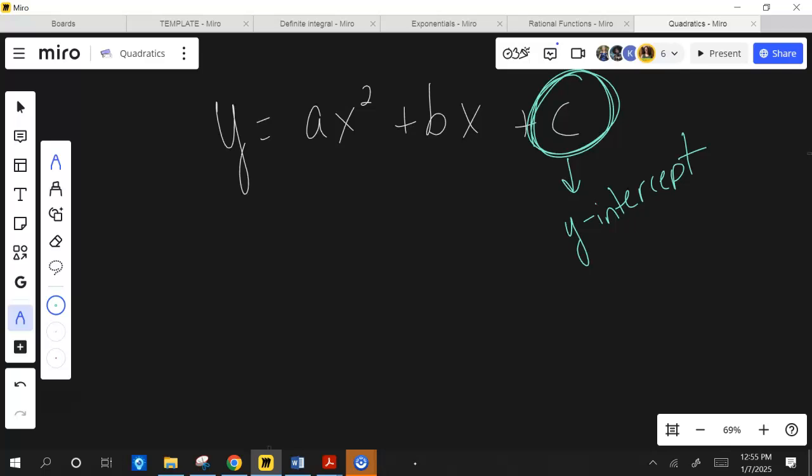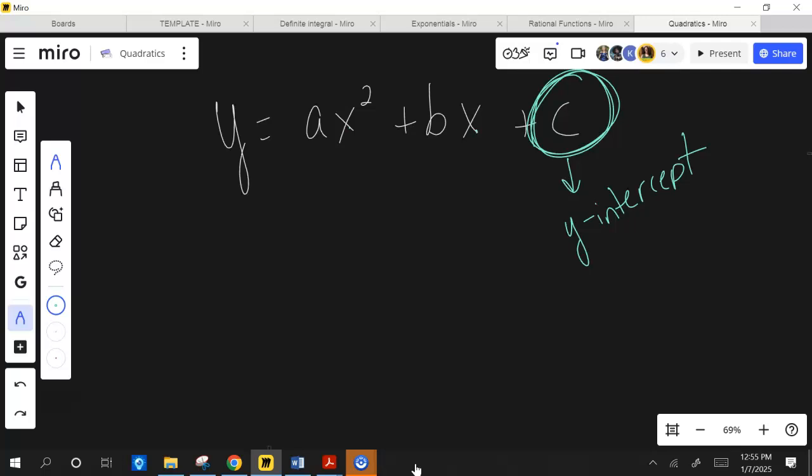And if you think back to intercepts in Algebra 1, the y-intercept is every time x equals 0, right? So if I put a 0 in for both of these x's, those terms just go away, and it leaves me with this number on the end. So that's going to give me my y-intercept. That's going to be very handy for you.